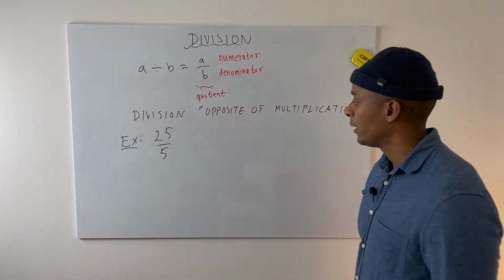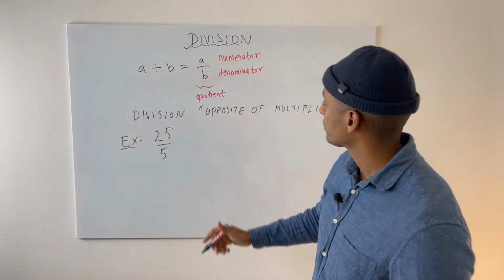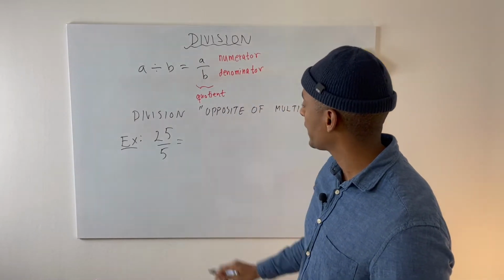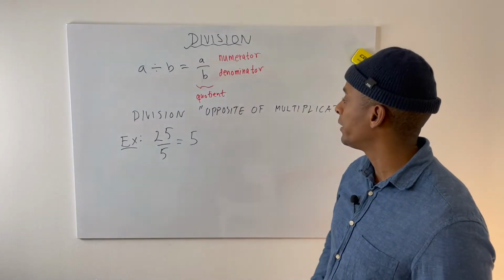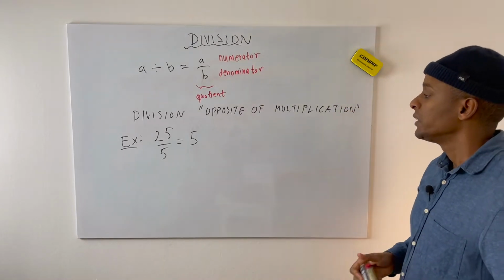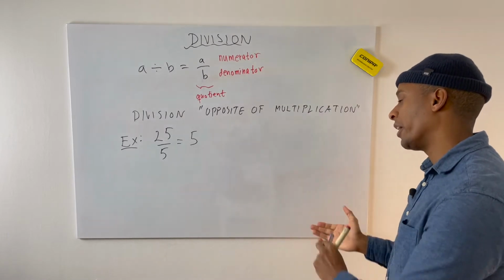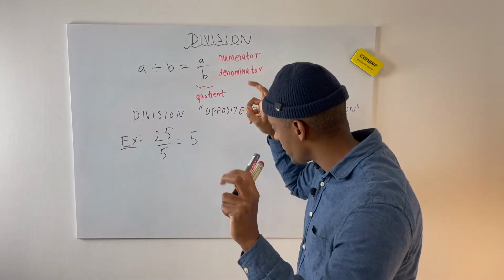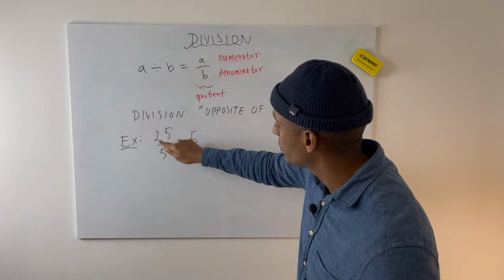Here, 25 is the numerator, 5 is the denominator, and when we calculate this, we get 5. So 5 here is the quotient. 25 divided by 5 is equal to 5. If we go the opposite way, we see that 5 multiplied by 5 is equal to 25.